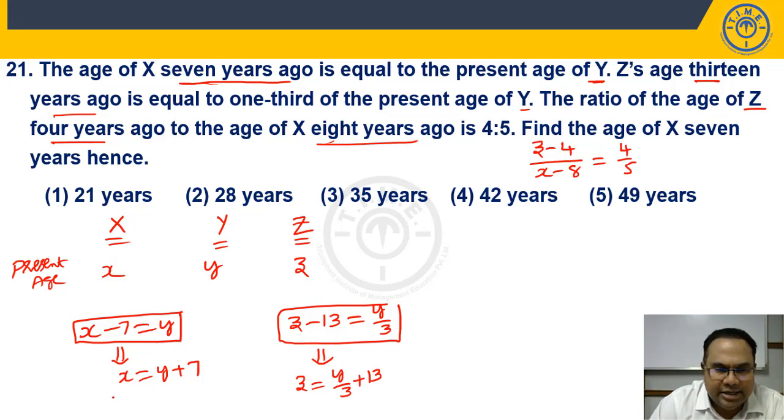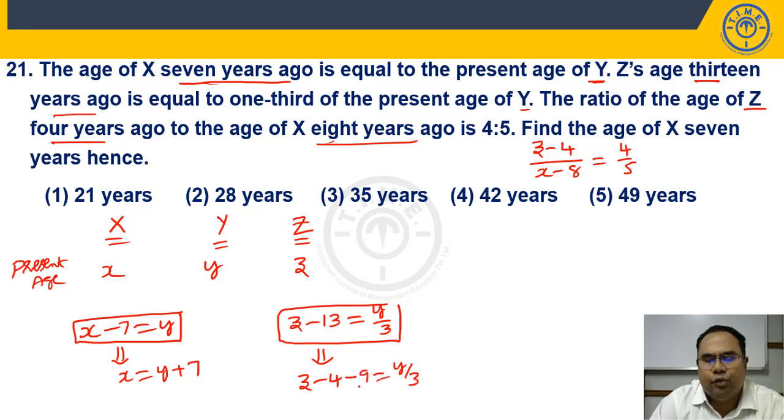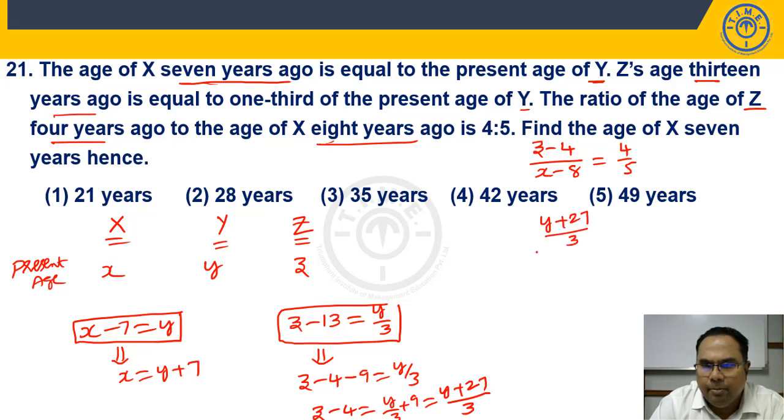Or if I want to make it still simple, in place of Z minus 4, how much can I write? Z minus 4 minus 9 is Y by 3. Minus 13, I am writing minus 4 minus 9. Numerator is Z minus 4 there. Now Z minus 4 is Y by 3 plus 9, or Y plus 27 by 3. So in place of Z minus 4 I can write Y plus 27 by 3, by X minus 8, where X is Y plus 7.